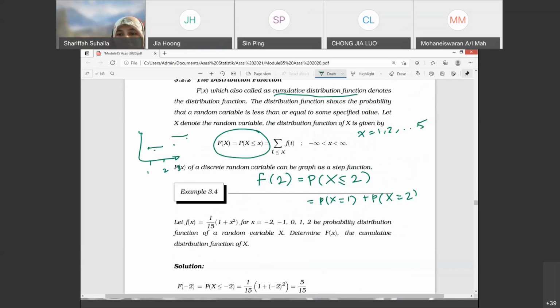It's not a function like this; this is a continuous function. So this is what we call a step function, for a discrete random variable.